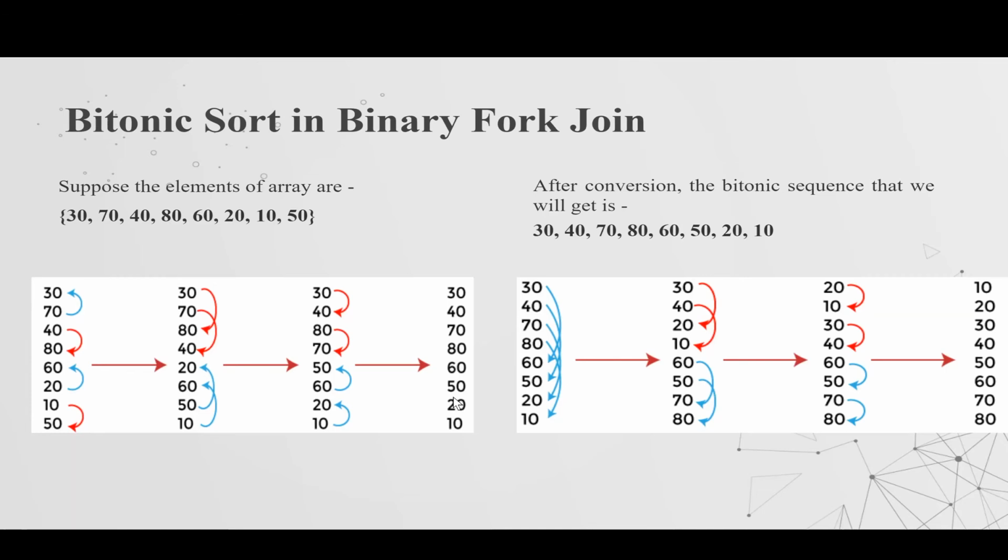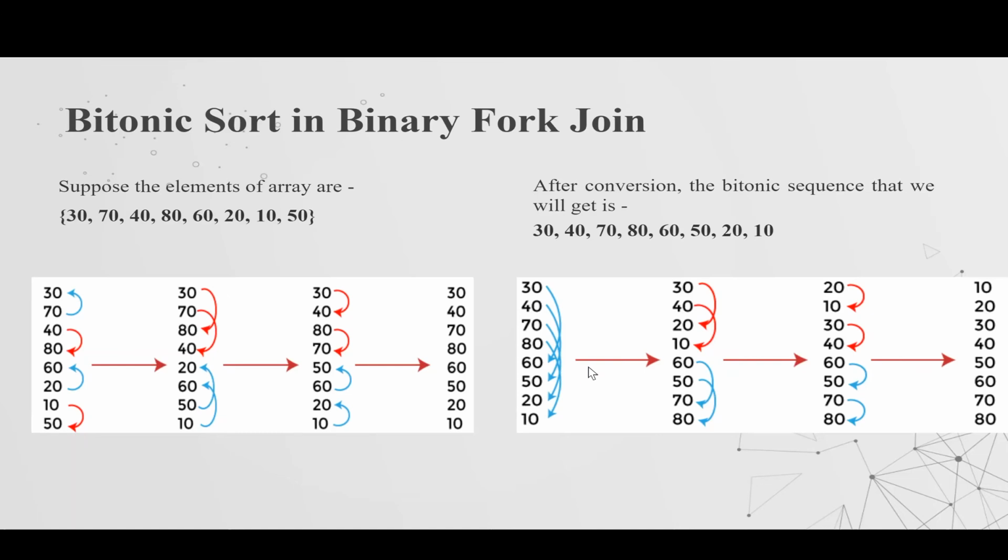After this, we got a sequence in which the elements in the first half are arranged in ascending order, while the elements in the second half are arranged in descending order. Next, we compare the first element with the first element of the second subarray, and the second element with the second element of the second subarray. We do this for all the elements.